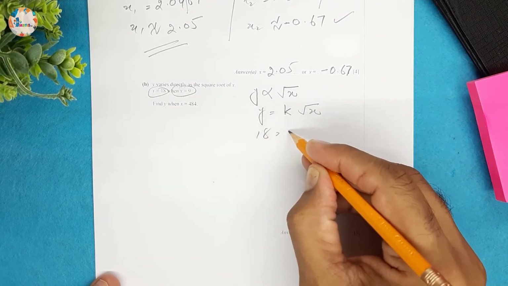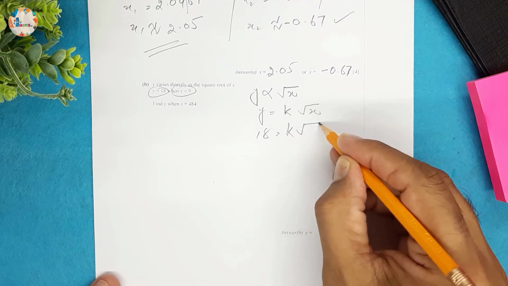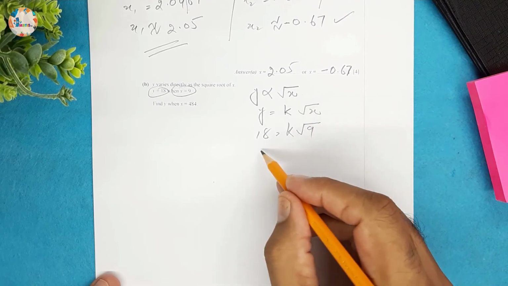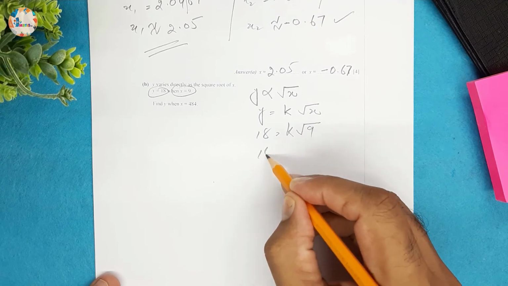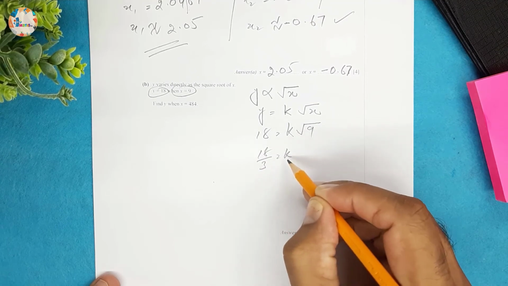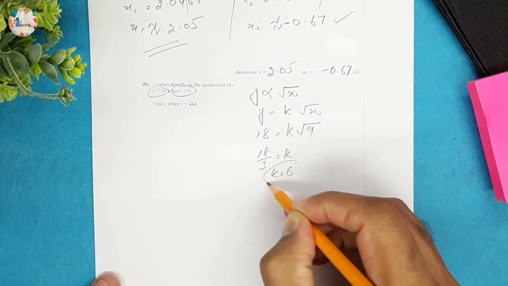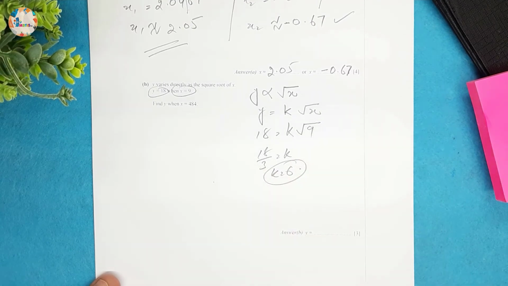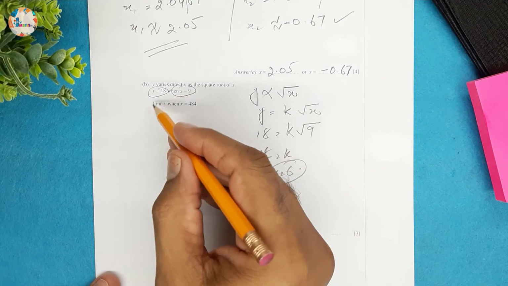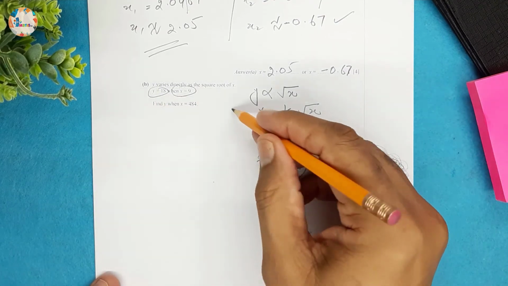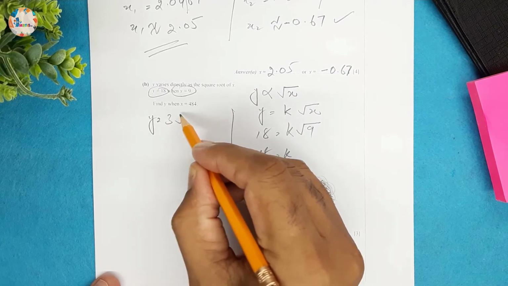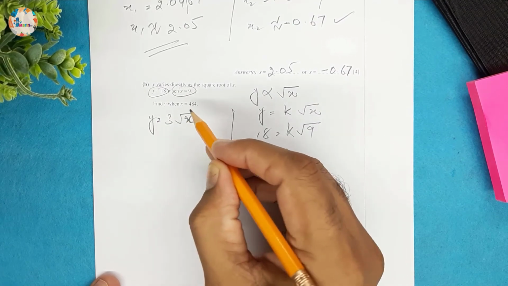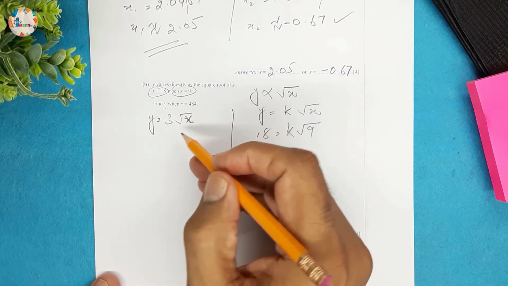So 18 is equal to k times root 9, and this will be 3k, so 18 divided by 3 will be equal to k, so the k value is equal to 6. This k value we can replace in this equation, and we can write the equation y is equal to 6 root x. And they are saying find y when x is equal to this one.